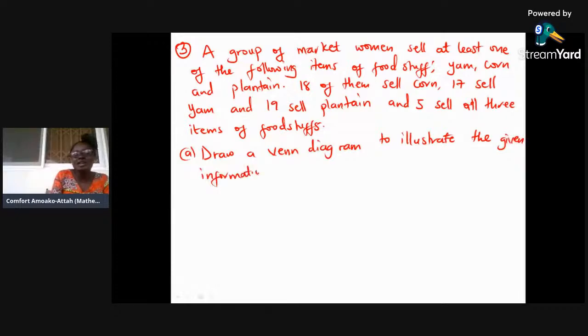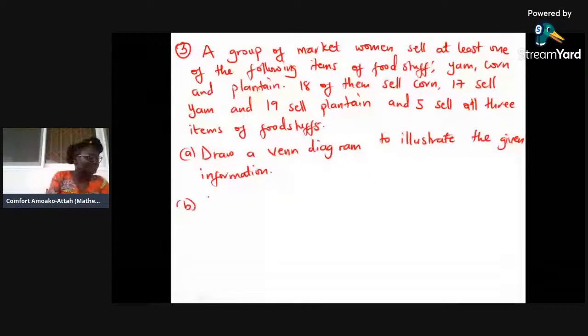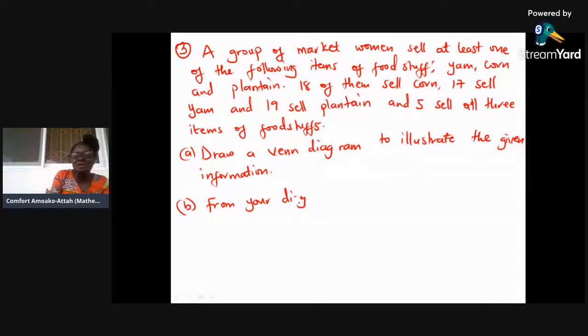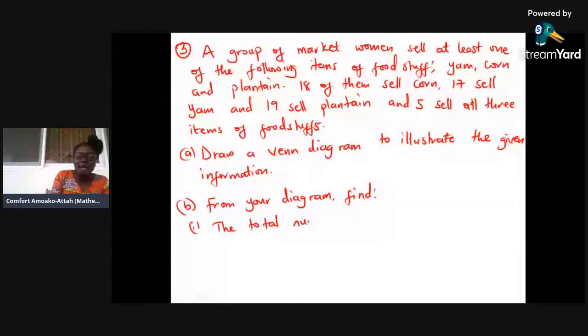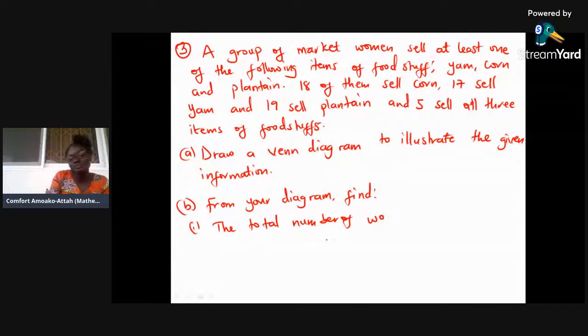The given information. That's the first part. B. From your diagram, find I, the total number of women in the group.